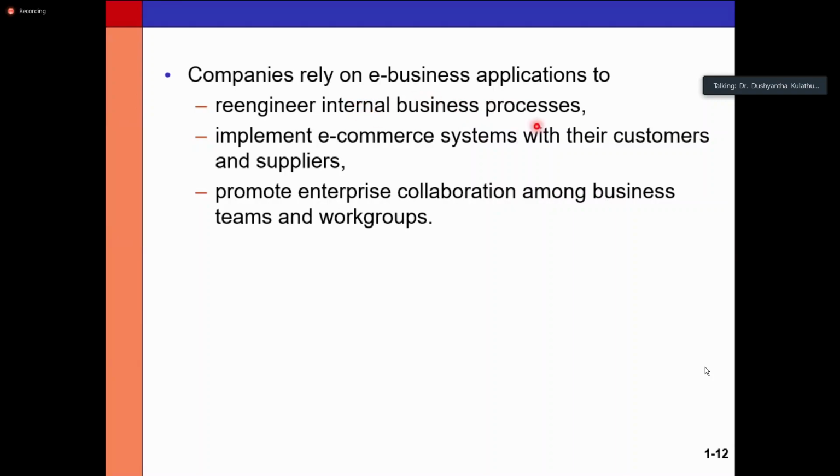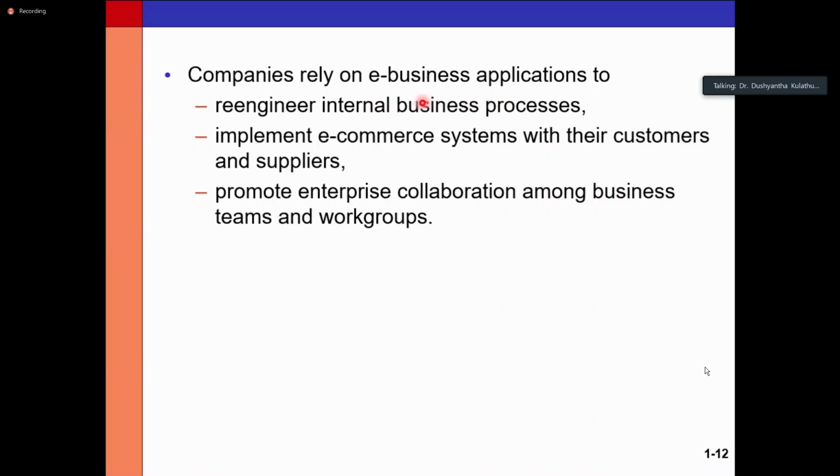Or we may re-engineer processes in order to provide better quality products. We may re-engineer our business processes to improve the customer service that we provide. So by re-engineering existing internal processes, we focus on achieving certain objectives.